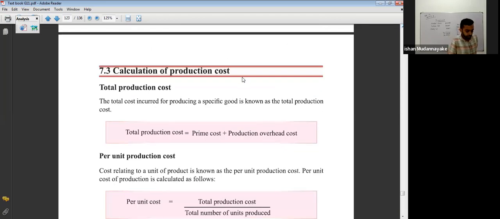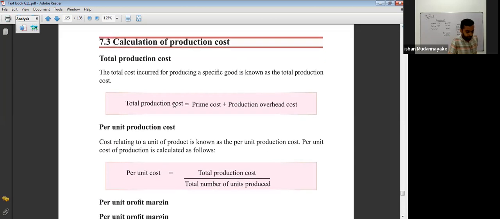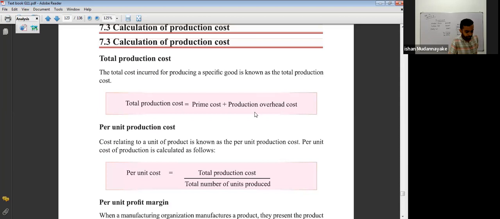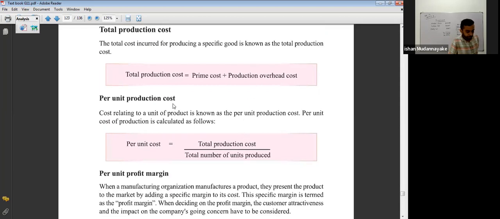Total production cost is prime cost plus production overhead cost. And then per unit production cost. How to calculate per unit production cost?